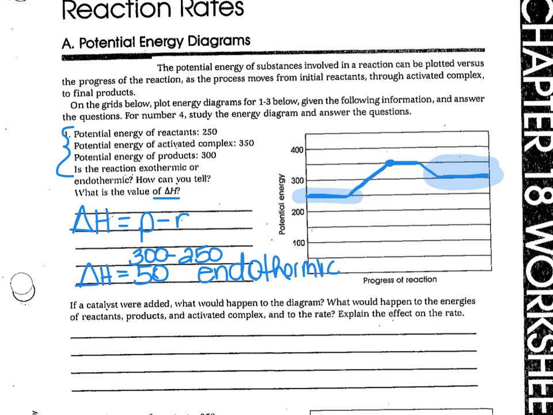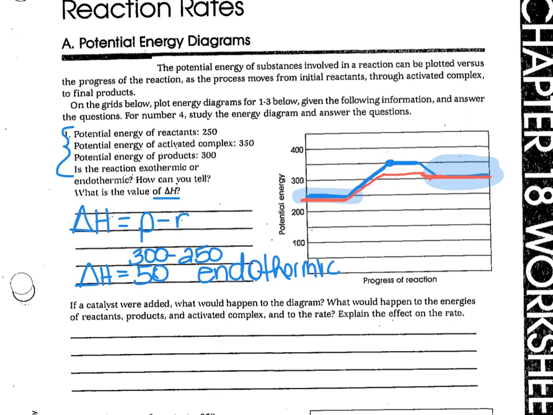Then the next question says, if a catalyst were added, what would happen to the diagram? Remember, if a catalyst is added, we're not going to change the energy of our reactants, so it's still going to be here. We're not going to change the energy of our products, so it's still going to be here. All we do is lower the activation energy. So now maybe the energy of the reaction only has to come up to here in order to get the reaction to occur.